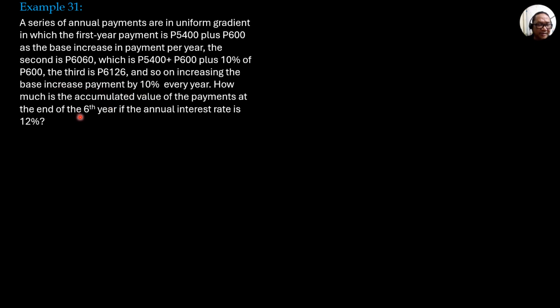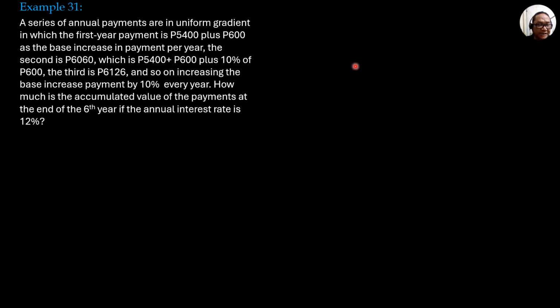So how much is the accumulated value of the payments at the end of the sixth year if the annual interest rate is 12%? Meaning the future worth of this uniform geometric gradient. We will split it into two parts, and I'll present three solutions here. One is using the cash flow diagram.